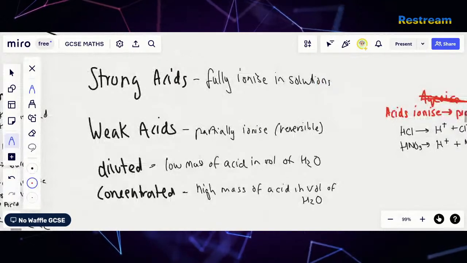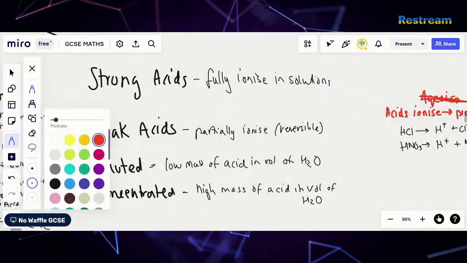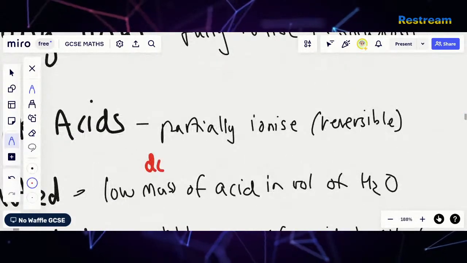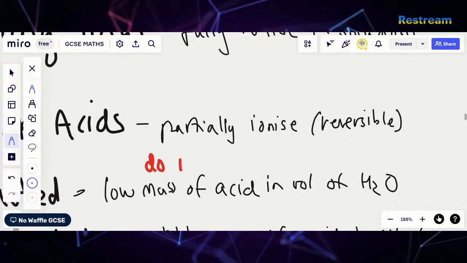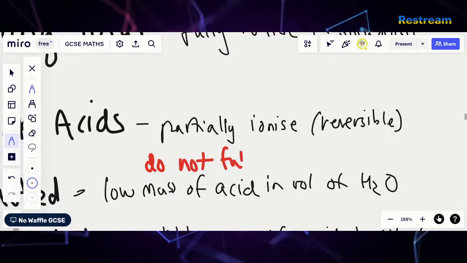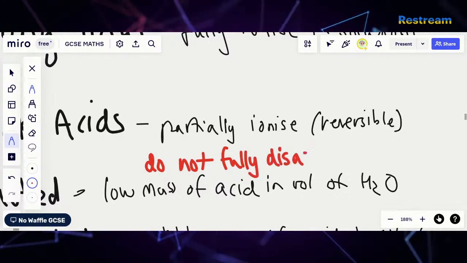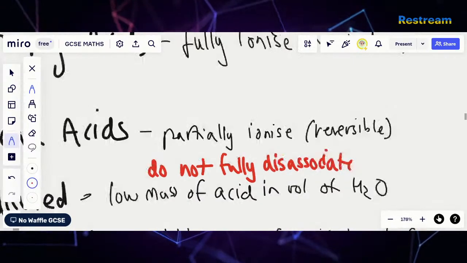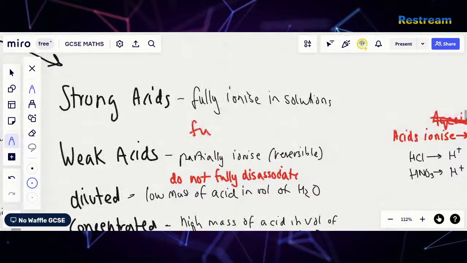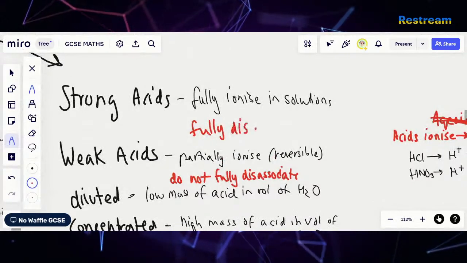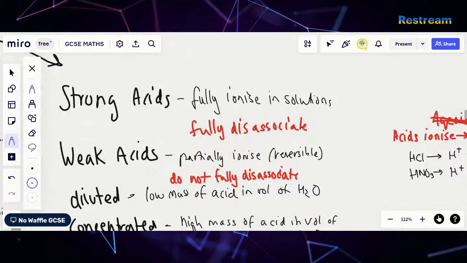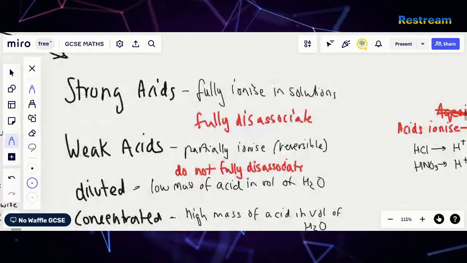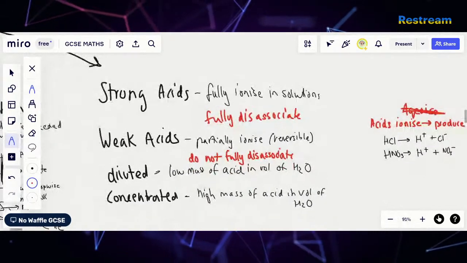Now, in exams, they often describe this as they do not fully dissociate. Whereas strong acids fully dissociate. Which is why when strong acids are put into an aqueous solution, it's not reversible, but when weak acids are, it is reversible because it does not ionize fully and does not dissociate fully.